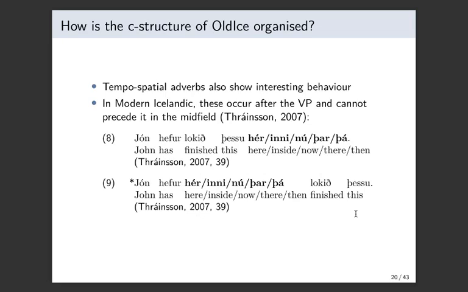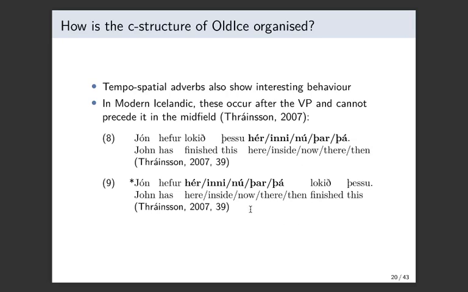Tempo-spatial adverbs also show interesting behaviour. So in modern Icelandic, these occur after the VP and cannot precede the VP in the midfield, as Thráinsson has shown. So we get the structure in 8, which is grammatical, with a sentence final tempo-spatial adverb here.